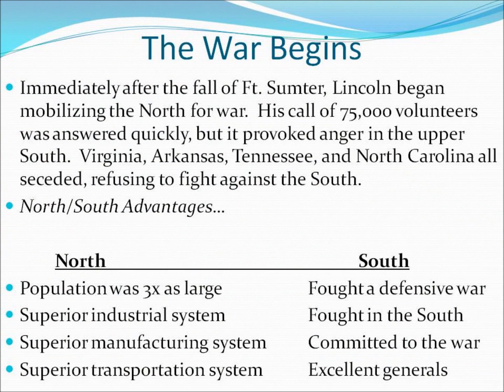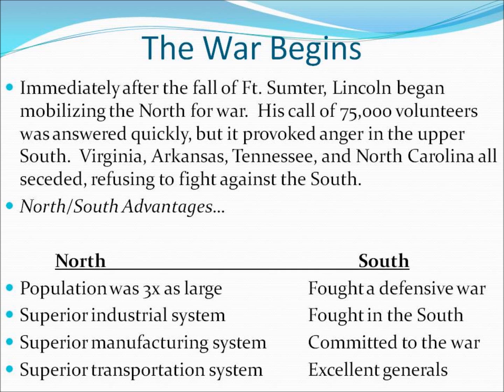Finally, with the war having started, President Lincoln, after Fort Sumter, calls for 75,000 troops from throughout the country to go put down the rebellion that has now started in the South. Now, many Northerners did volunteer and filled this requirement. However, it caused a lot of anger in the Upper South.